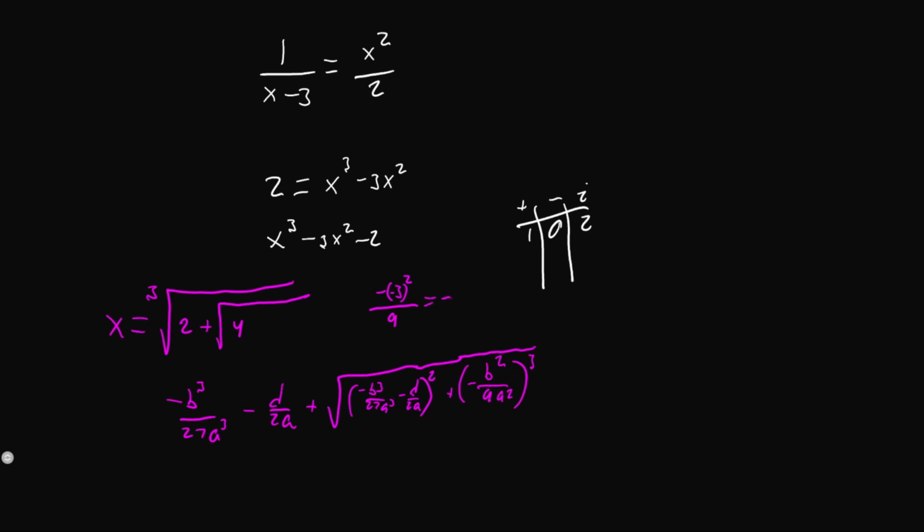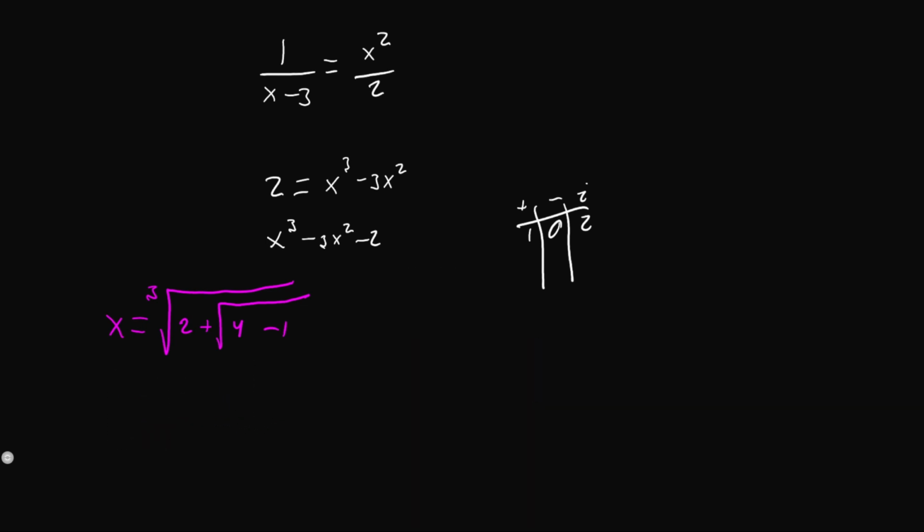This is going to be negative 9 over 9, which is 1. So we have minus 1, giving us that we're going to get x is equal to the cube root of 2 plus the square root of 3.